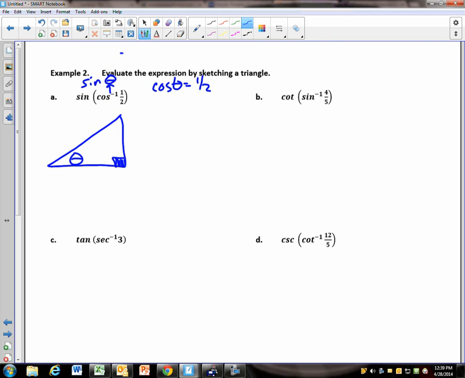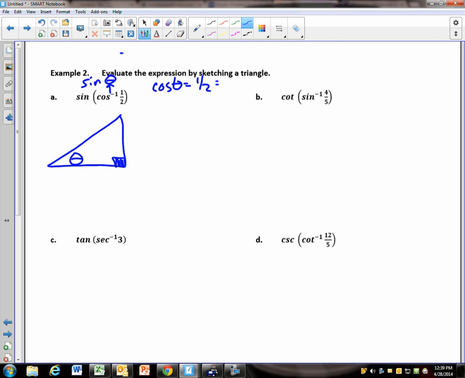So what does it mean for cosine? In terms of a triangle, opposite, adjacent, hypotenuse, what does it mean if cosine is equal to 1/2? Give me your ratio. Cosine is adjacent over hypotenuse.